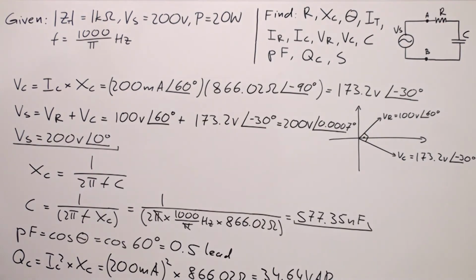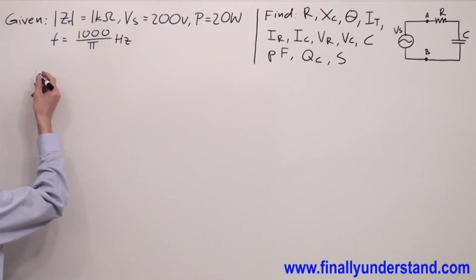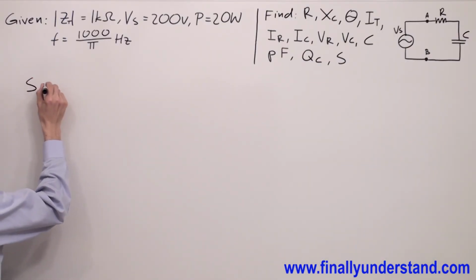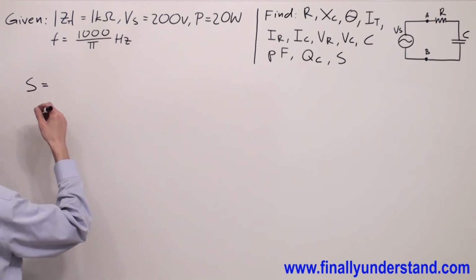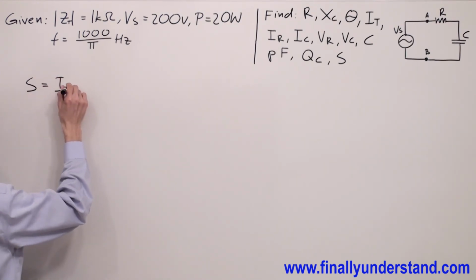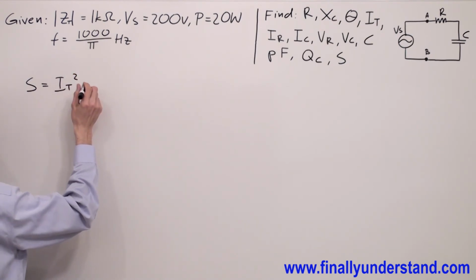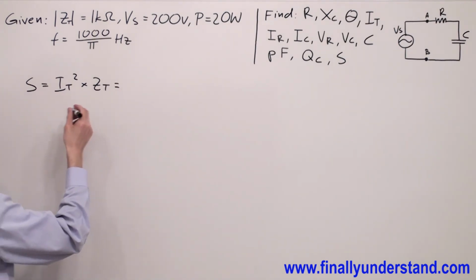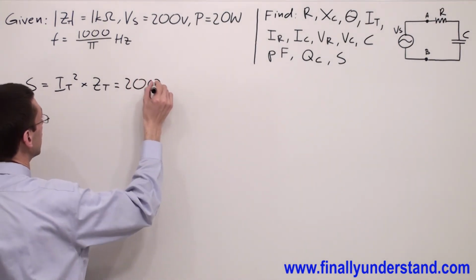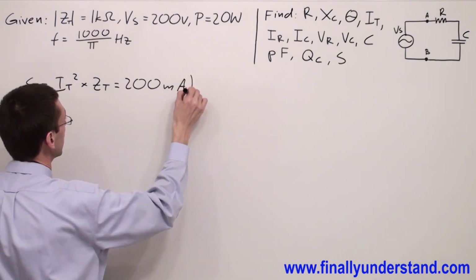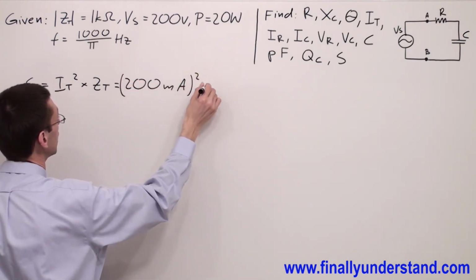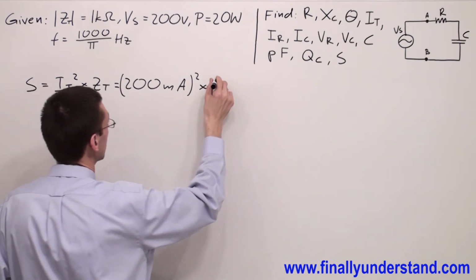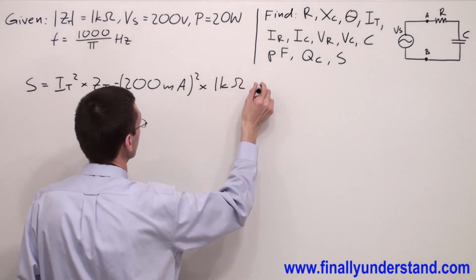Next, we're supposed to find the apparent power. In order to find the apparent power, I'm supposed to write the formula first. S, which represents my apparent power, is equal I total to the second power times Z total, where I total is equal 200 milliamps to the second power times Z total, which is equal 1 kilo.